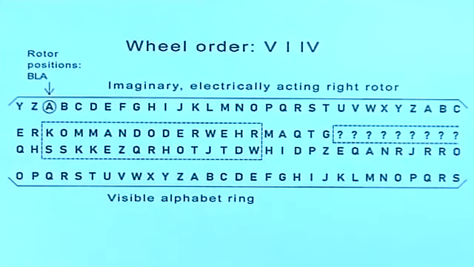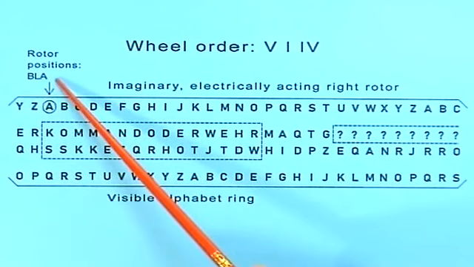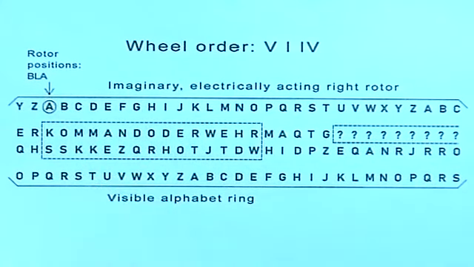The permutation address at which the search engine stopped is used. When the wheel order was Roman 514, the search engine stopped at the address BLA. This address BLA refers to the imaginary electrically acting rotor positions.